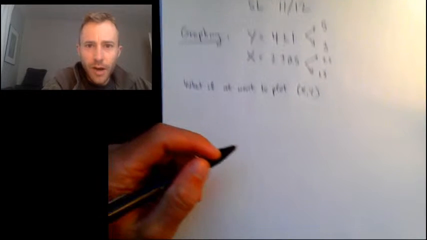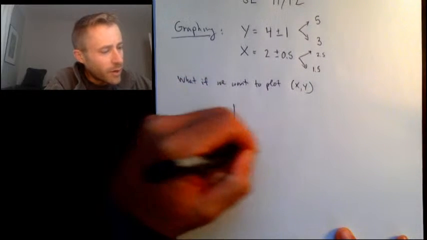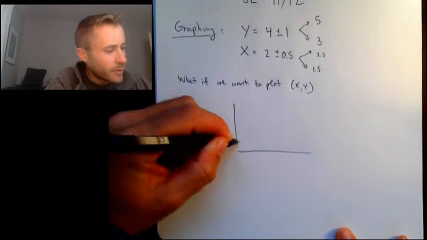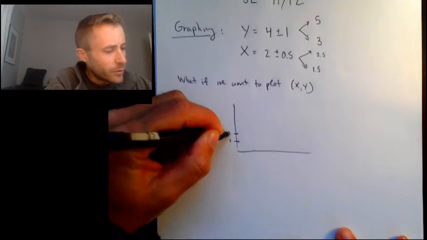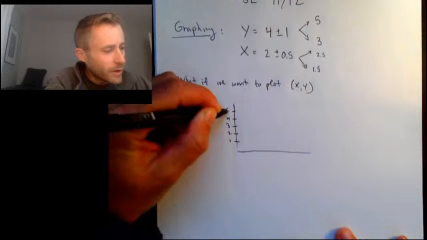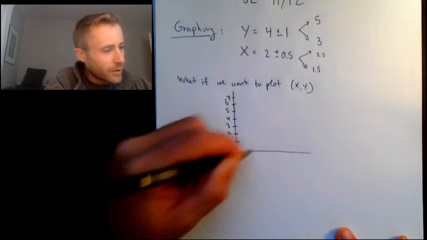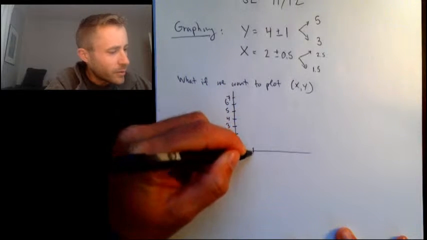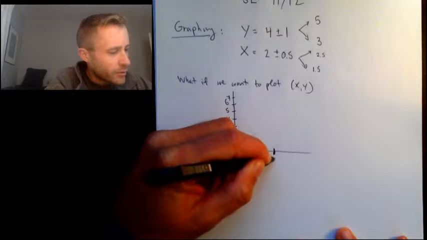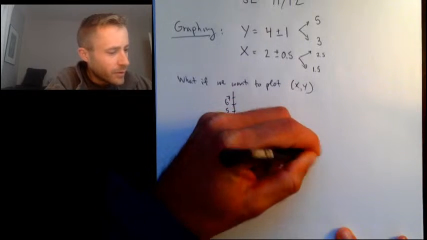If we wanted to plot x comma y, we have our axes, let's say 1, 2, 3, 4, 5, 6, 7, and here 1, 2, 3, 4.